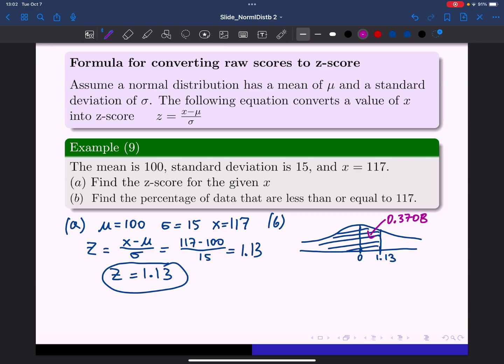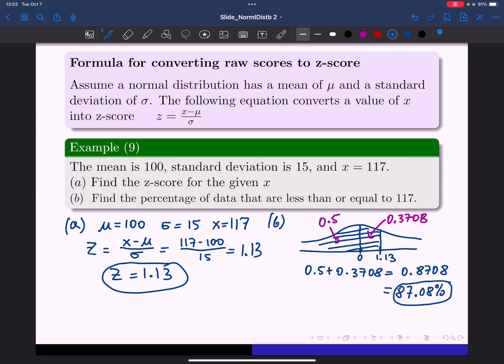We know that this area is half, 0.5. So my shaded area is going to be 0.5 plus 0.3708, and that gives me 0.8708. They ask what percentage of data, so this is equal to 87.08% of data are less than the given data.